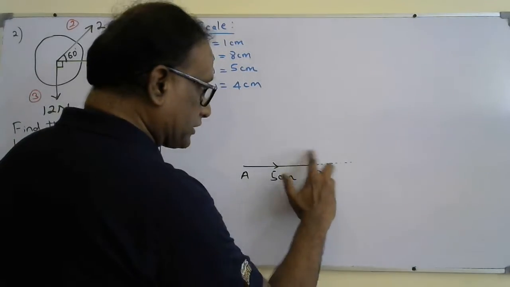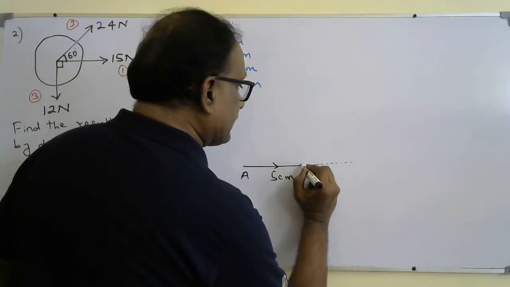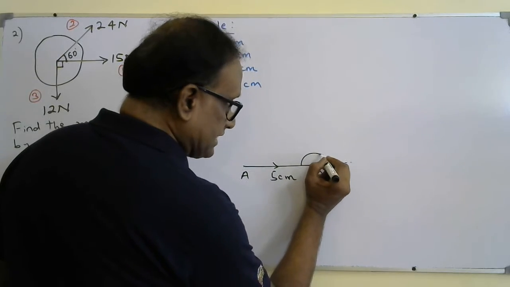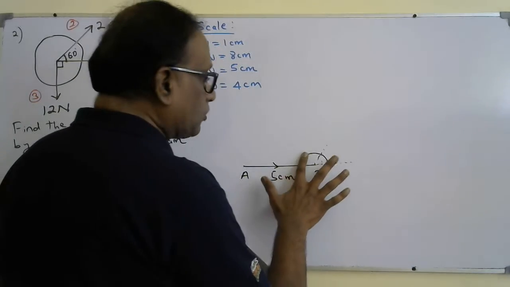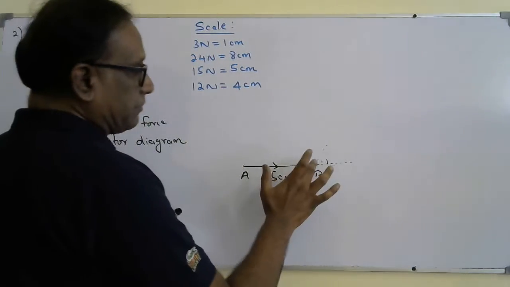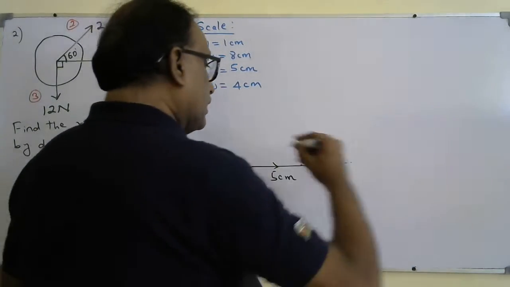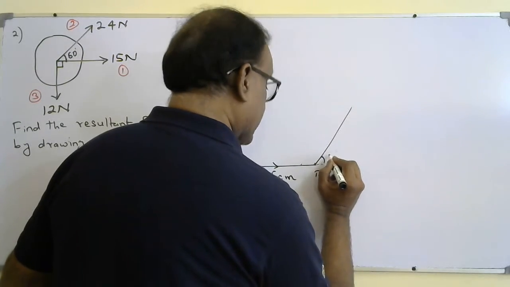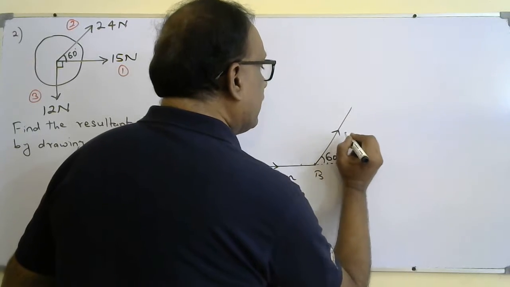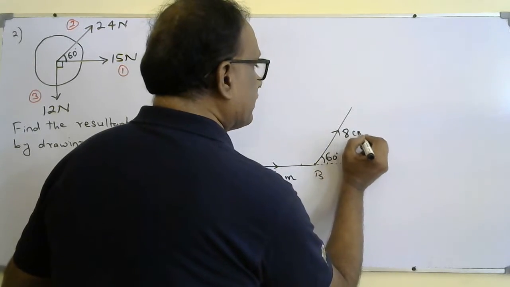So keep your protractor like this here. Measure 60 degree and draw a length of 8 centimeter. This is 60 degree. This should be 8 centimeter length of line.